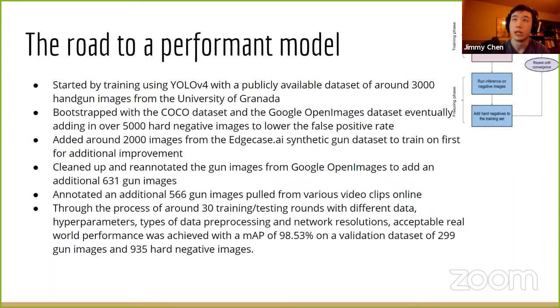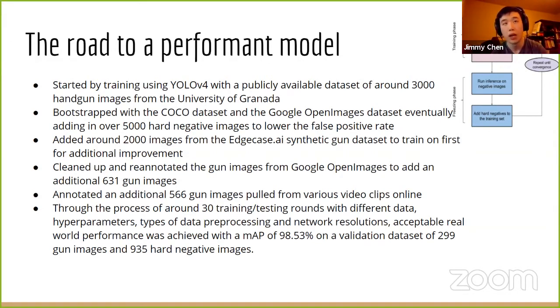After doing so, we bootstrapped with the COCO dataset and Google Open Images dataset to add in hard negative images to lower the false positive rate. You can see in the diagram how bootstrapping works. It's a very simple concept: after training, you test on a large variety and number of negative images, and the images identified as positive by the model when they're supposed to be negative are added into the training set.